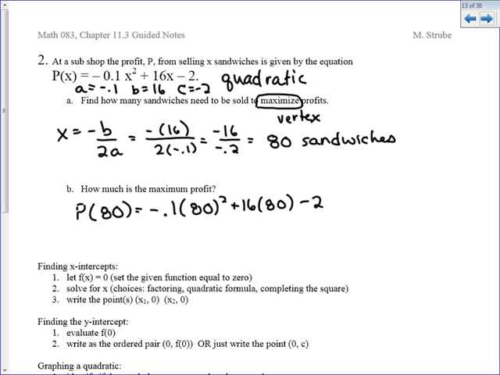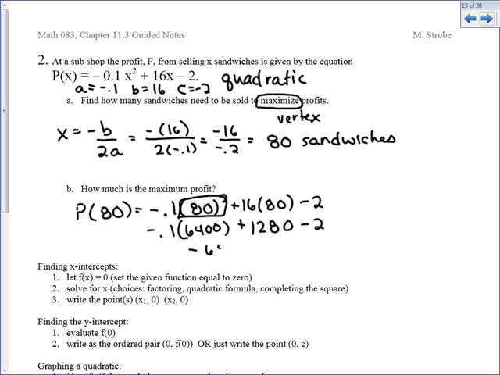Order of operations again, make sure you do the squared first. I have 6,400 times negative 0.1 plus 1280, I think. Yeah, 1280 minus 2.